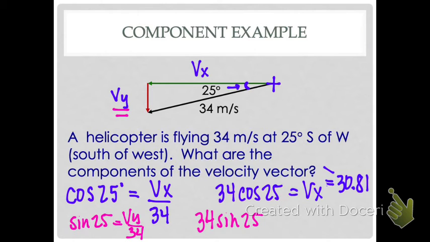So I take 34 times sine 25, and I get 14.4. And that one has to be negative as well, because it's going south. And that's it. That's all it asked for, the components of the vector.